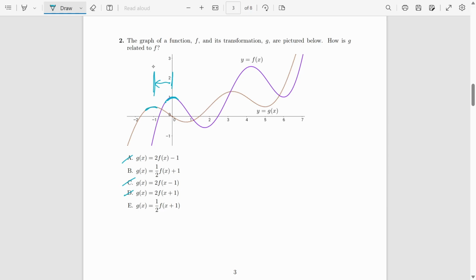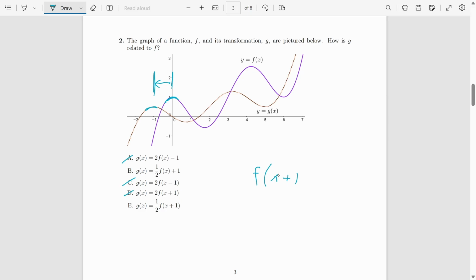And whenever you're acting horizontally, you always make sure it's on the inside of the f of x. You always affect the x on it. So that would end up being f of x, and then we're moving left. So when you're acting on the inside, it ends up being plus. It's kind of backwards like that.